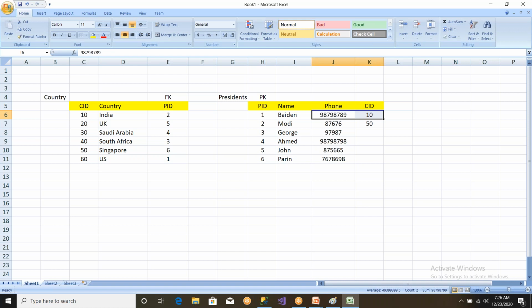Okay, so this is a very, very important thing that you have to understand. Clear? Maintaining some information is enough, but there should be correct information. Clear? So giving the correct information is your responsibility.